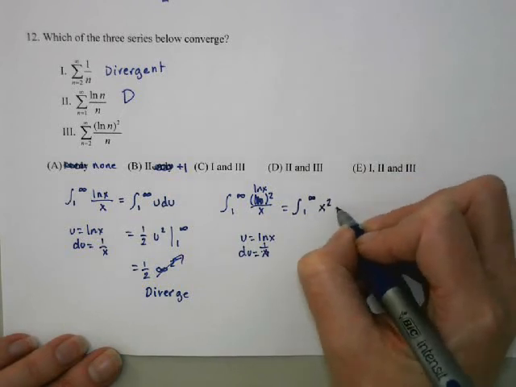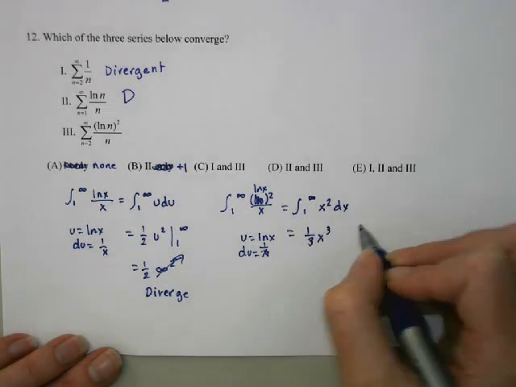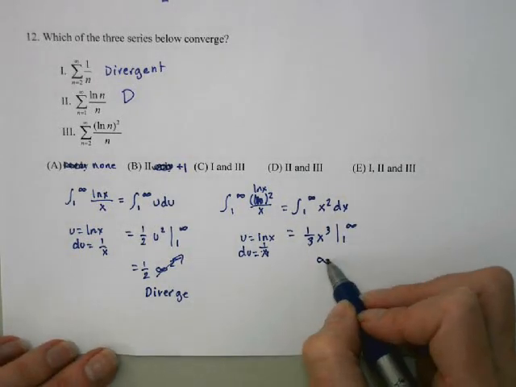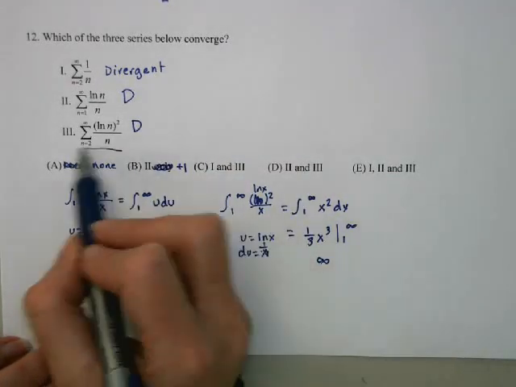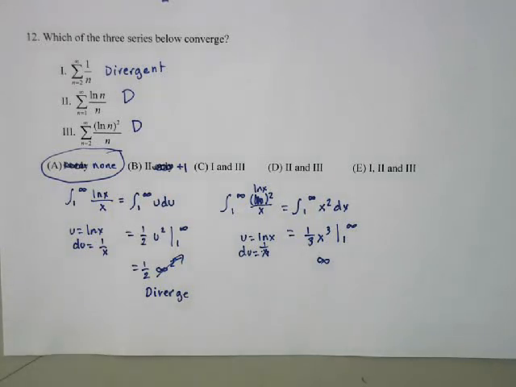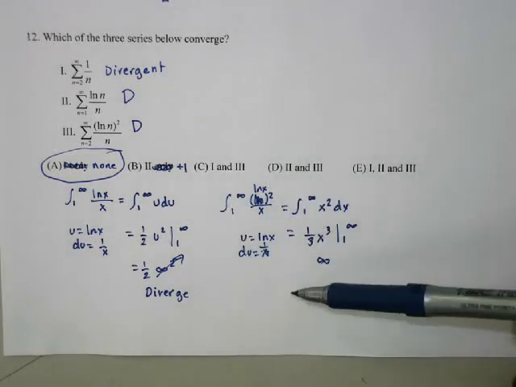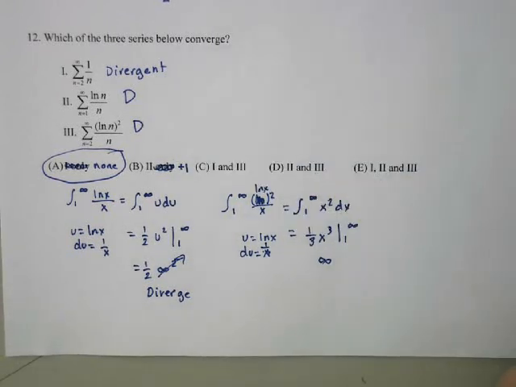So we're going to have x squared dx, which is 1/3 x cubed from 1 to infinity, which again, if I plug in infinity, that's just going to get bigger and bigger. So this one diverges also, so none converge. So my point is, the level of work you show is really what you need to perform this.